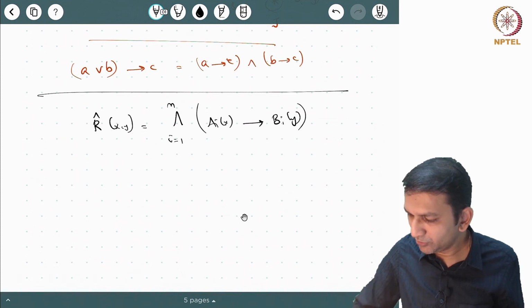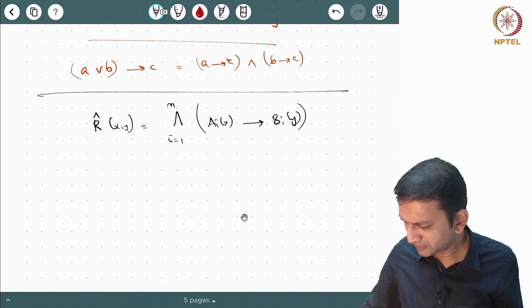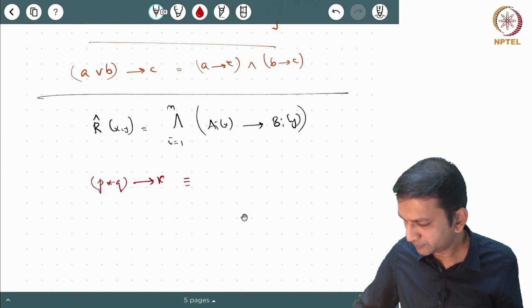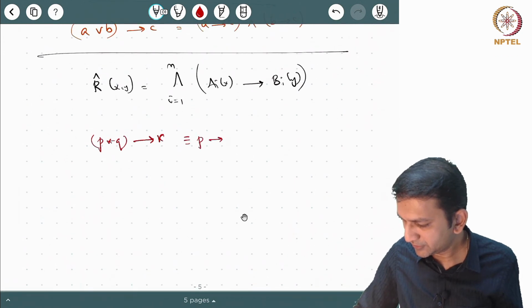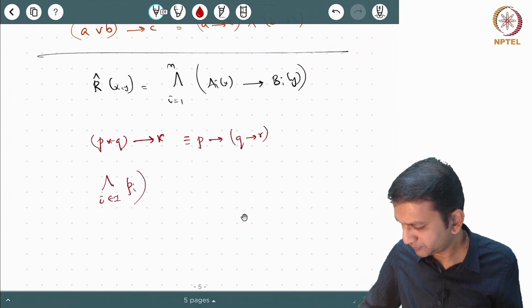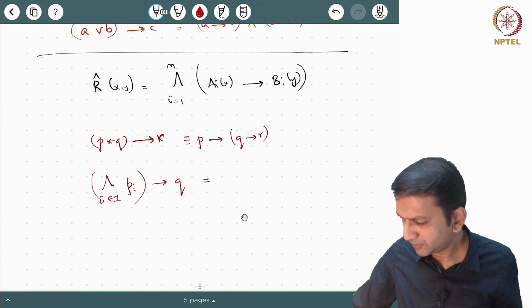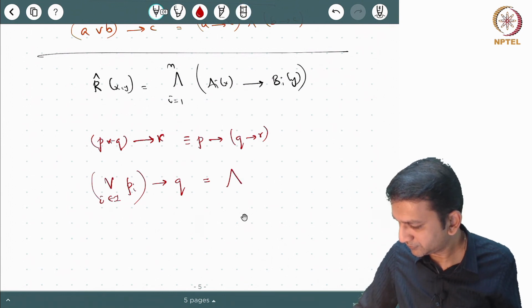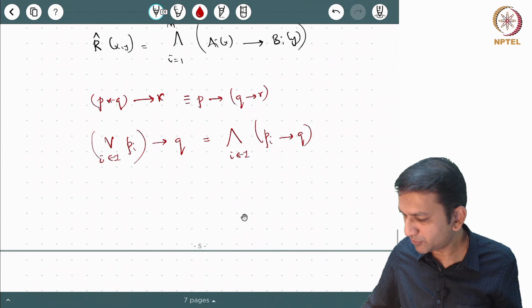And we already know there are two properties that we are going to make use of: P star Q implies R is equal to P implies (Q implies R), and also the other property. We'll make use of both these properties now.